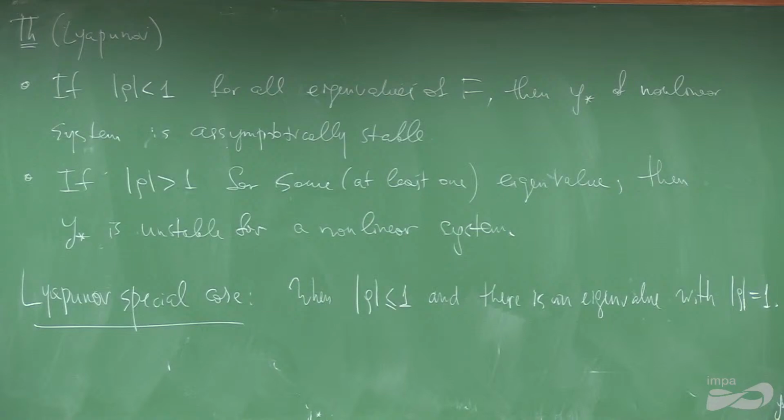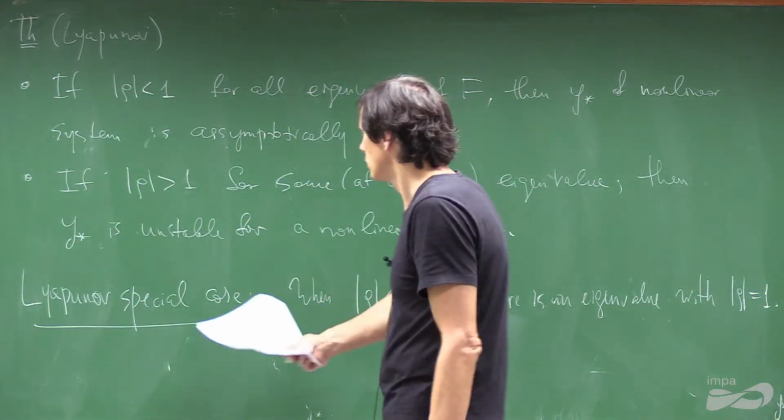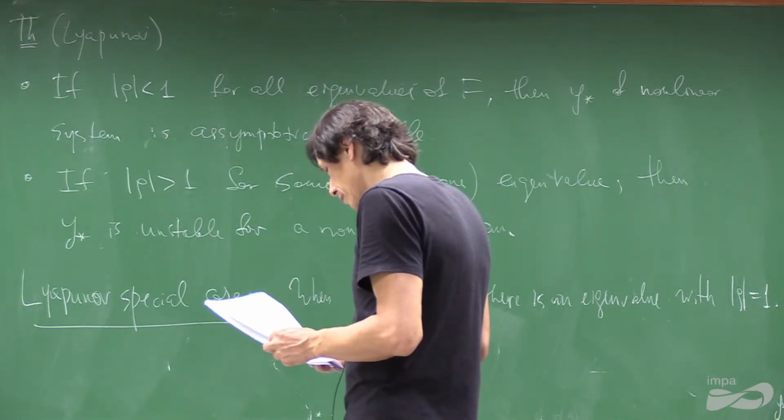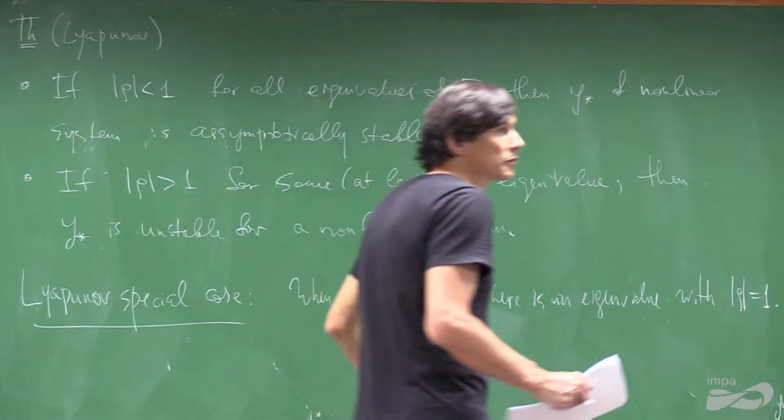And you see that it's not always that the linear system describes what happens in the nonlinear system, because the difference is this Lyapunov special case. When we're not in the Lyapunov special case, these properties are the same. When we're in a special case, they can be different. So the linearized system can be stable, nonlinear unstable, or vice versa. The linearized system can be unstable, but nonlinear can become stable. So you should be careful. Special case is always a big problem. I'll just draw the picture.